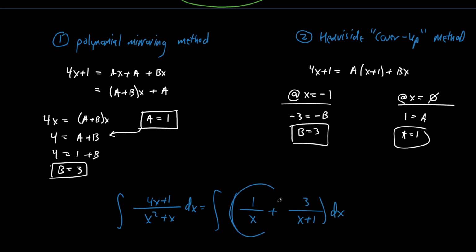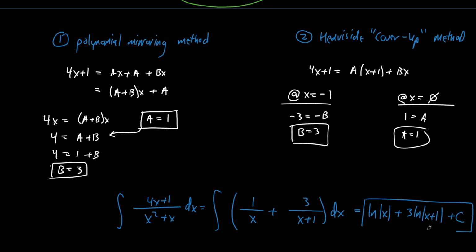And then we would be able to go ahead and integrate each of these. At the end of this, this should become ln absolute value of x for this first term. Our second term would be 3 ln absolute value x plus 1. And then we'd throw a plus C on there because we are working with an indefinite integral.